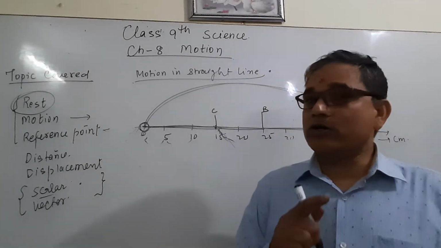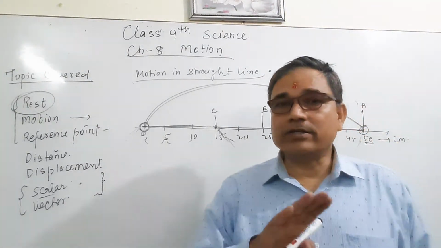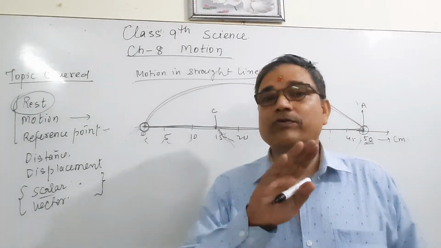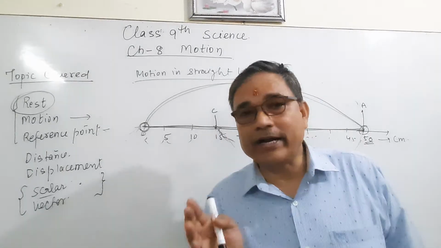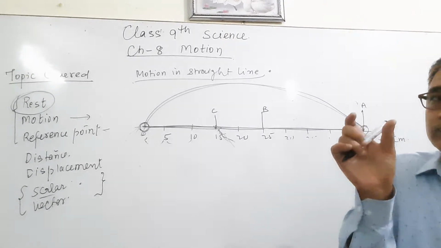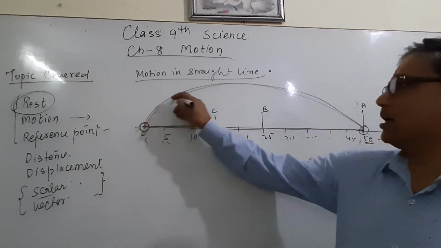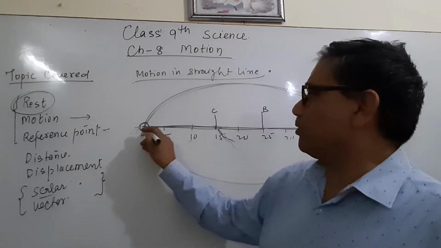Why? Because displacement is the shortest distance between the initial and final point, or position. Suppose I start from O and reach A and then come back to O again.